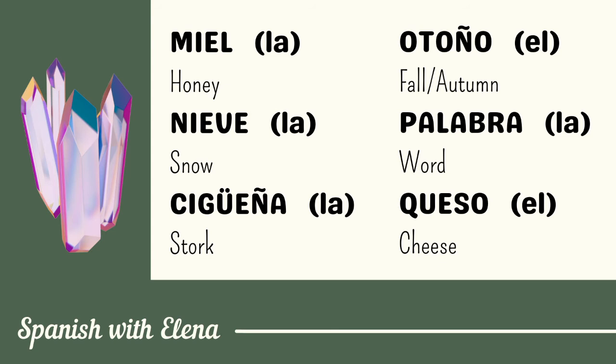The answer is no. Definitely no. Why? ¿Por qué? Because of those two little dots on top of the letter U. When we want to pronounce the letter U in the middle of the letter G and the letter E or the letter I, we use this orthographic sign, diéresis.